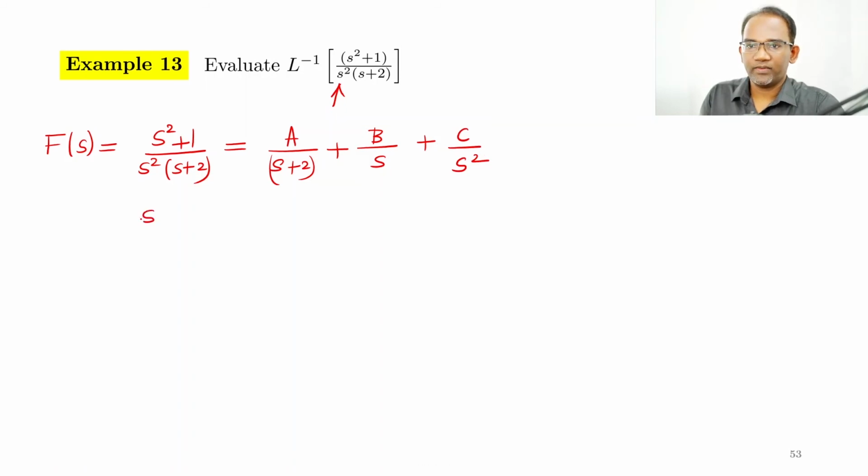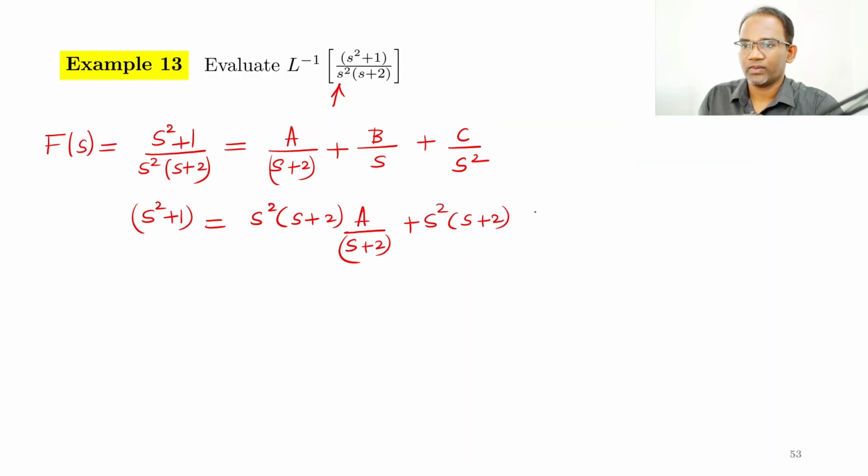In the next step, we will cross multiply with s squared (s plus 2). We'll cancel these terms.